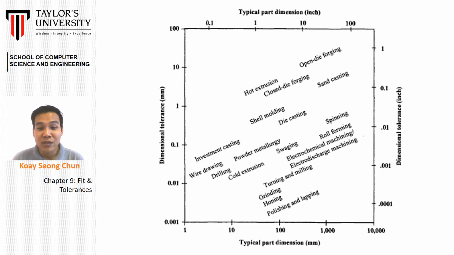If you need very high tolerance, meaning your part dimension is very precise, you need machining methods like polishing, lapping and grinding. If you need components with very high accuracy and high tolerance, you may need more machining methods to control your dimensional accuracy, and then the cost of your part will be more expensive.